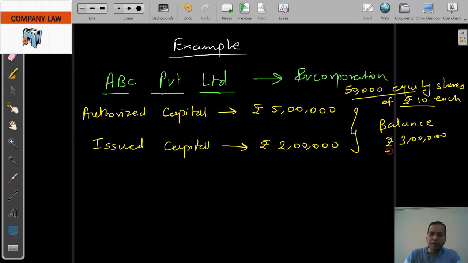The company still has 3 lakh rupees, which is unissued capital. This balance we can call unissued capital, which is not a category, it is just for your information.